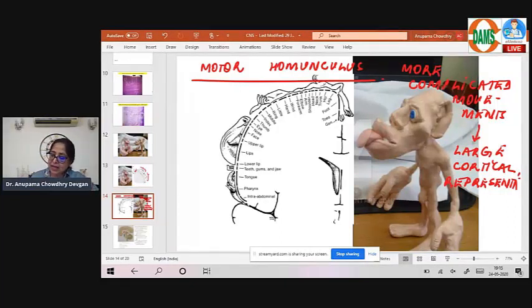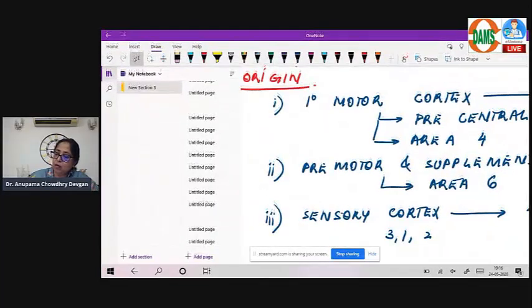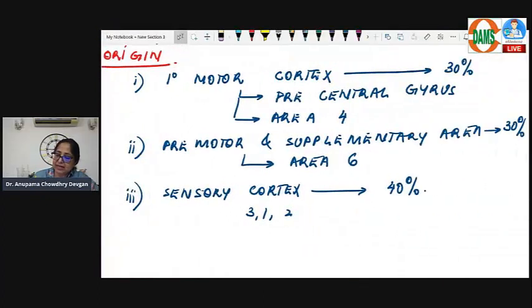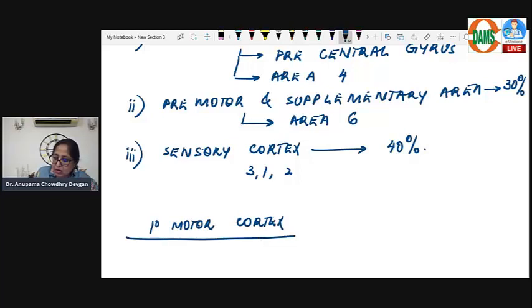Now, this is what a motor homunculus looks like. In the motor homunculus, in the primary motor cortex, the muscles of vocalization.